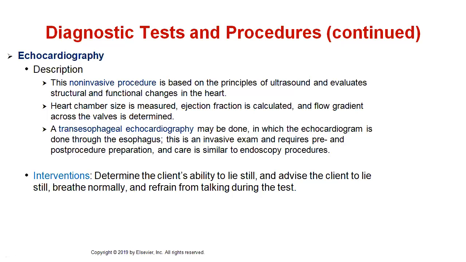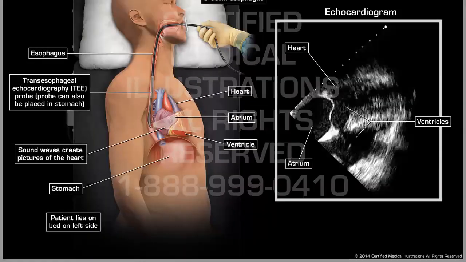We can detect a tumor in the heart, if any, or find any kind of valvular problem. This is the device passing through the esophagus, right? It's called transesophageal echocardiography, shortly called TEE.